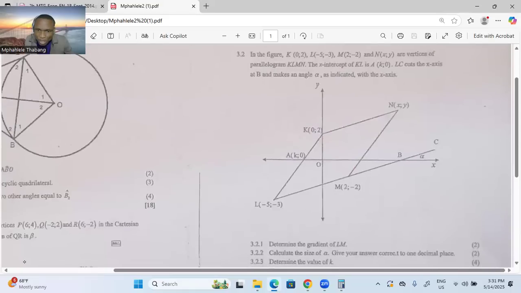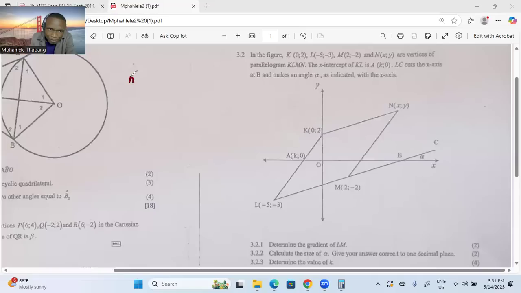What does the question want? Determine the gradient of LM. This should be a giveaway. Finding the gradient should be simple. Small m representing the gradient, and you say LM. So I'm looking for the gradient of LM.